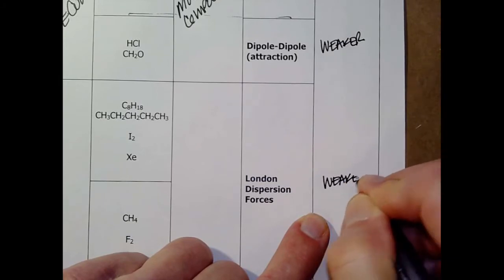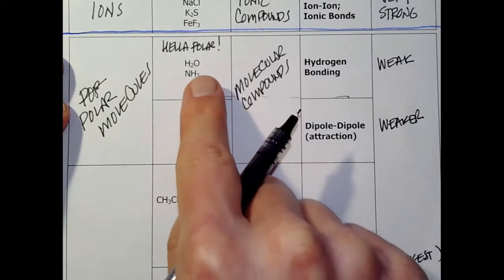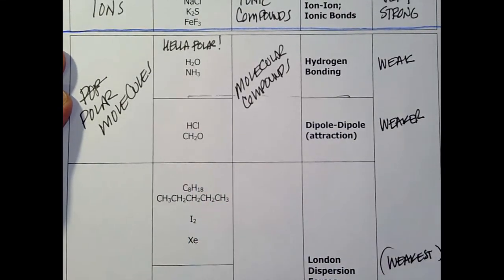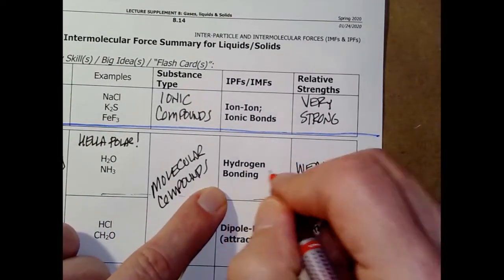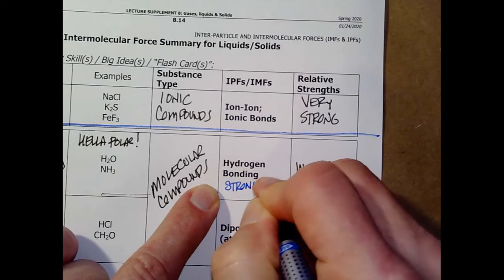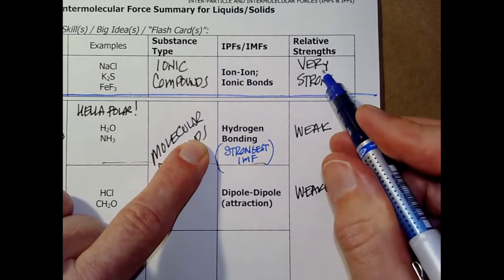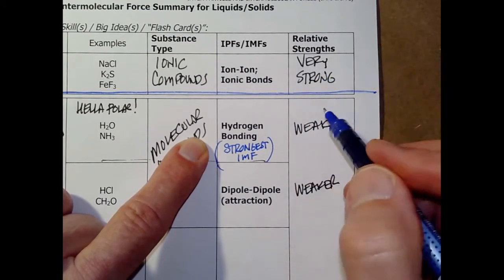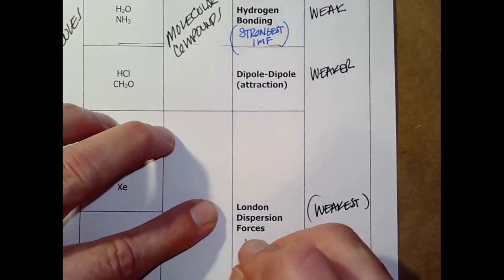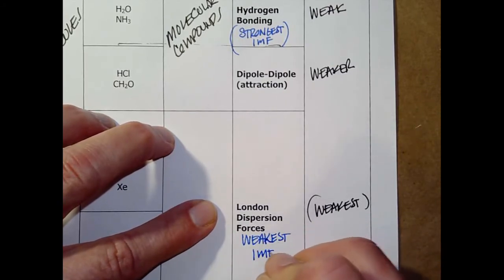Weakest. And so I put these compounds in order: the strongest of the weak forces, less strong, weaker, weaker, weaker. So I'm going to say hydrogen bonding is the strongest intermolecular force, although it's relatively weak compared to a regular covalent bond or ionic bonding. And we'll say, of these intermolecular forces, London dispersion forces are the weakest IMF.